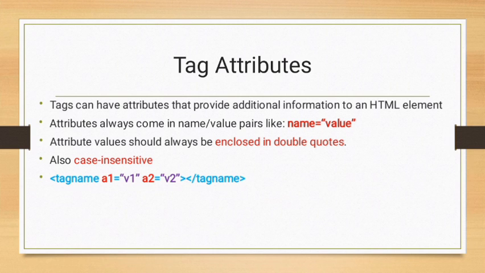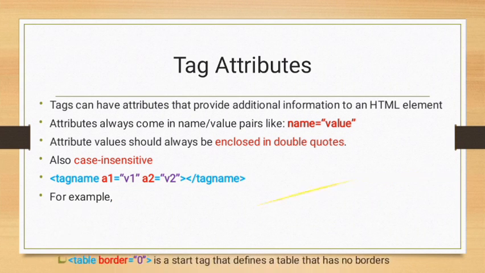So tag name, space, attribute name equal to within double quotes value 1. Then again if there is another attribute, give another space, then second attribute name equal to within double quotes the second value. After that close the angular brackets and give the end tag or closing tag.